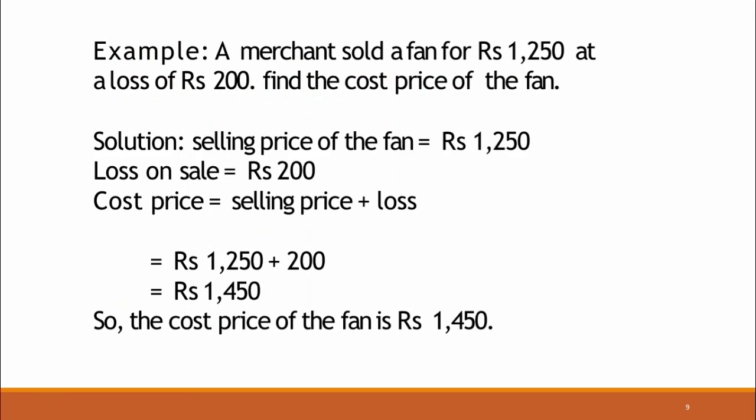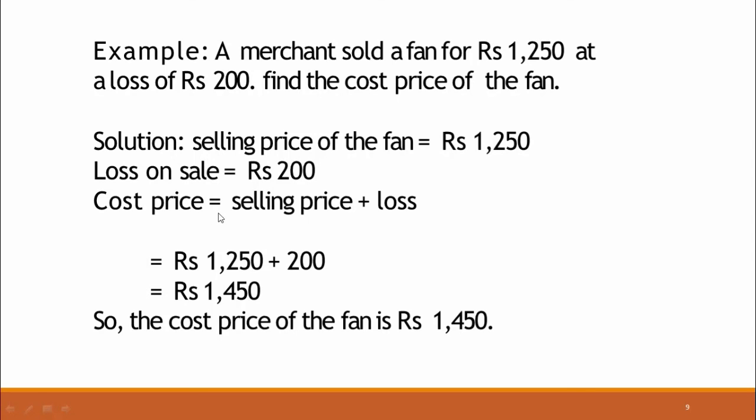A merchant sold a fan for Rs 1250 at a loss of 200 rupees. Find the cost price of the fan. In this problem, loss is given, and we need to find the cost price of the fan. The selling price of the fan is 1250 rupees and the loss on sale is 200.